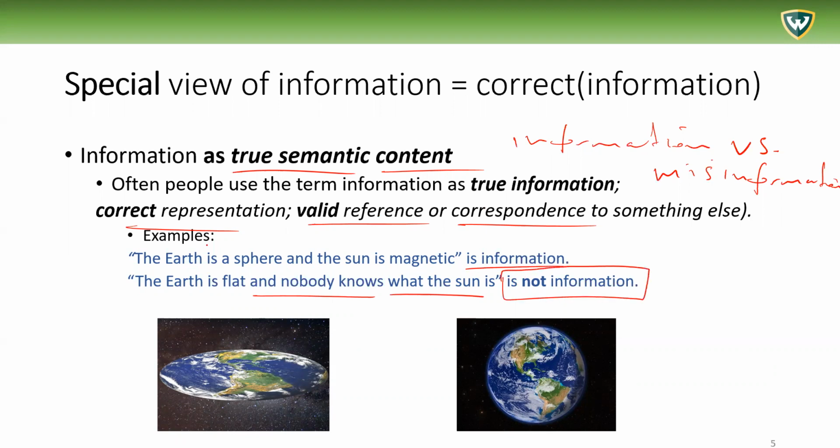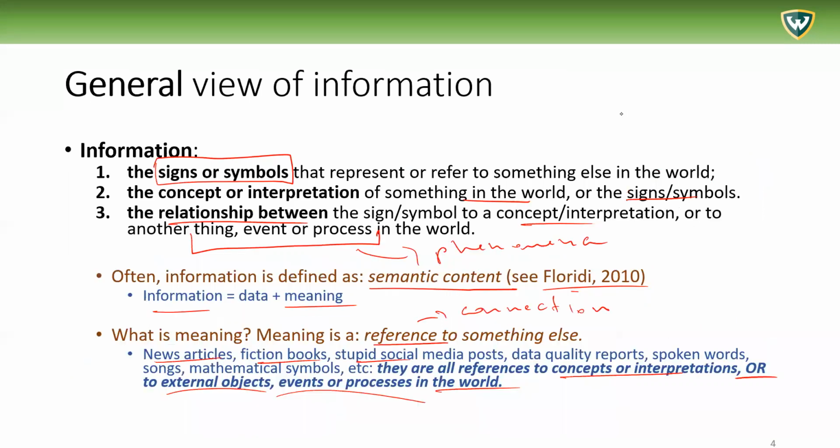Okay. Now, if somebody says this, once again, it depends on the view. The general view, you can say, oh, this is all information, it's all semantic. So we can say this is information, but it's not true information. And Floridi does kind of argue that we cannot think of information and misinformation as the same, although people do use the terms like this.